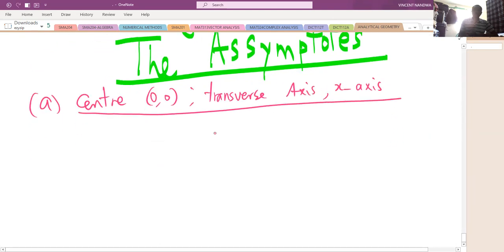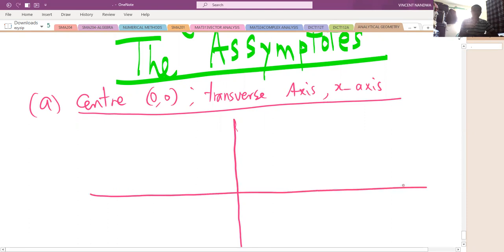So I'll draw the sketch. We have this. So this is the y-axis. This is the x-axis. This is the center.